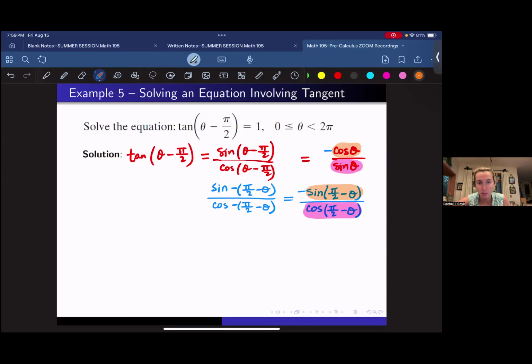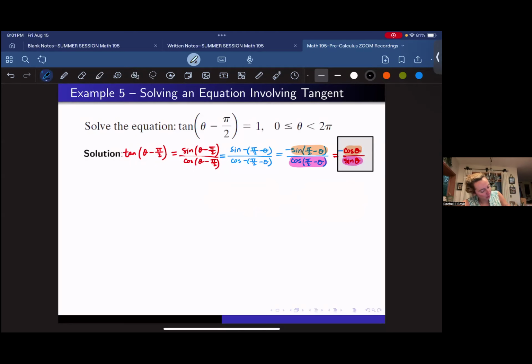Now our life is a little easier because now we have negative cosine of theta all over sine theta set equal to 1. 1 as a fraction is just 1 over 1. So when we cross multiply this, we end up getting negative cosine of theta is equal to sine of theta.